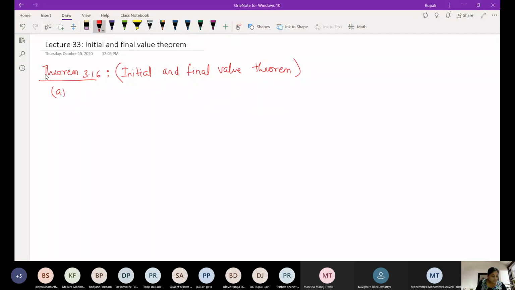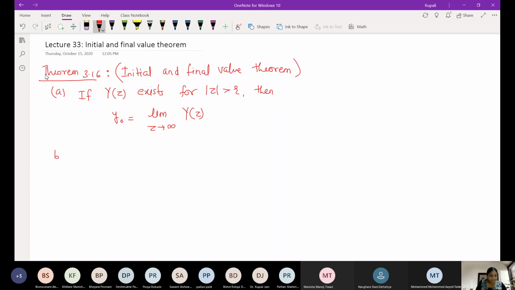There are two parts. A part: if Y(z) exists for mod z strictly greater than r, then y(0) is nothing but limit z tends to infinity of capital Y of z.